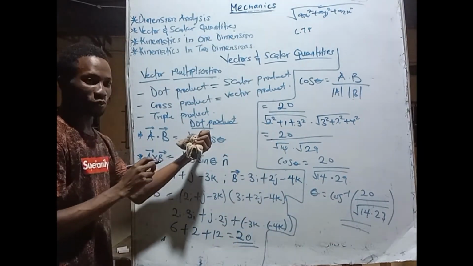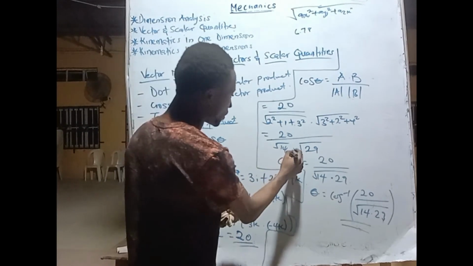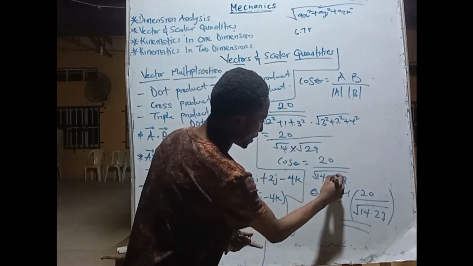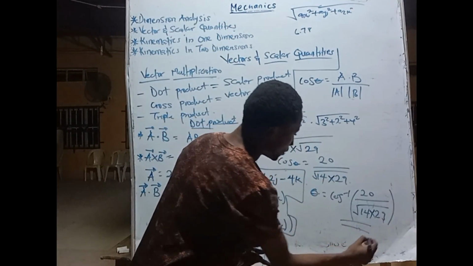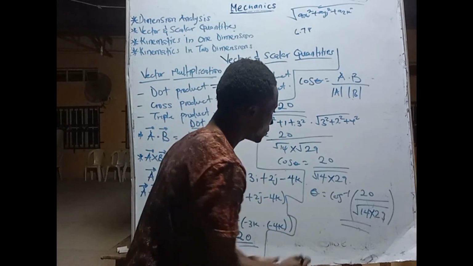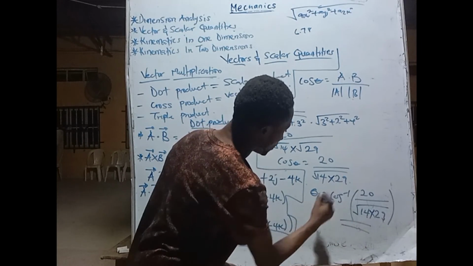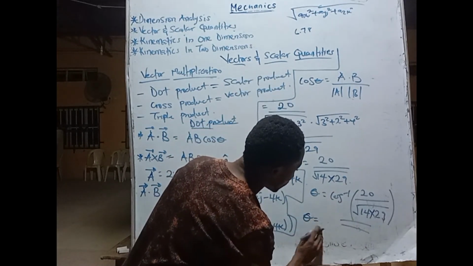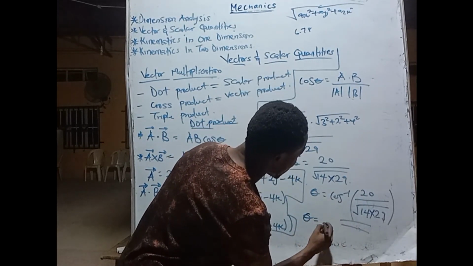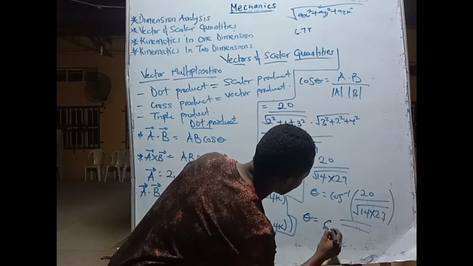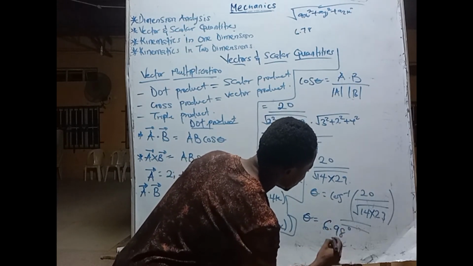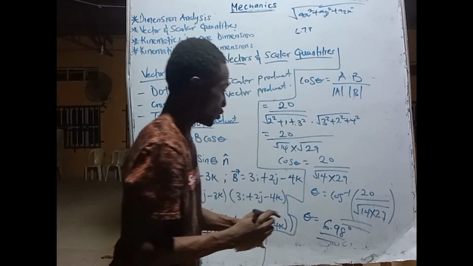We are talking about dot product, so that's a multiplication sign. Alright, good. So theta equals cos inverse of 20 over square root of 14 times 29. From the calculator, you can see that theta equals 6.98 degrees. Alright, good. Thank you.